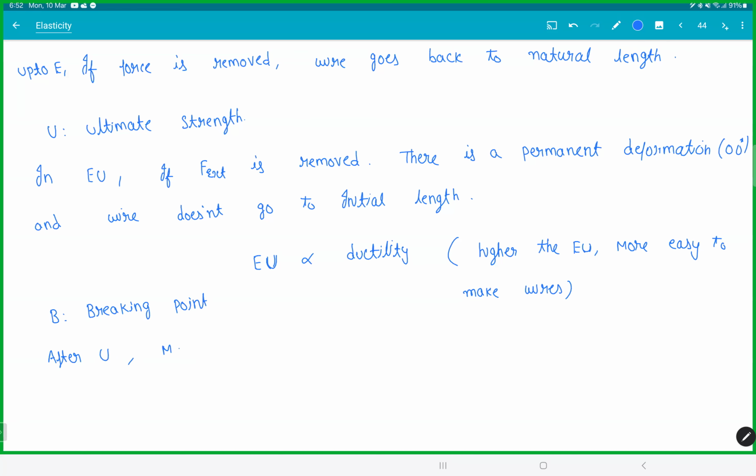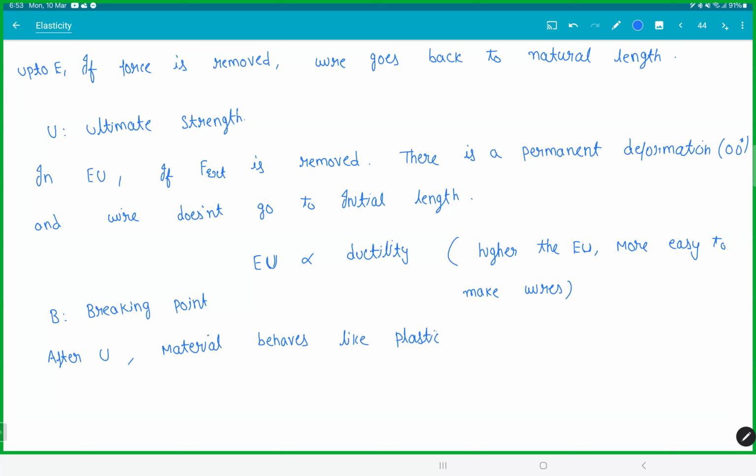Again, plastic doesn't mean your plastic chair. Remember we discussed what a plastic material is? Chapati ka dough, right? If you just apply force and leave it, it will be permanently deformed. Even with a little force, it will keep on stretching forever. The material behaves like plastic.